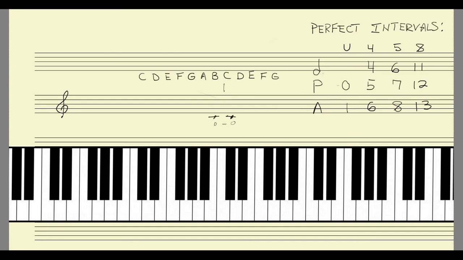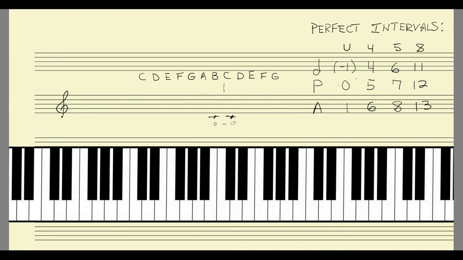And then, this is kind of theoretical because we don't really see this in real life, but I'll put it here just for the sake of completion. A diminished unison would be 1 less than the perfect unison, which in theory would be -1 half steps.